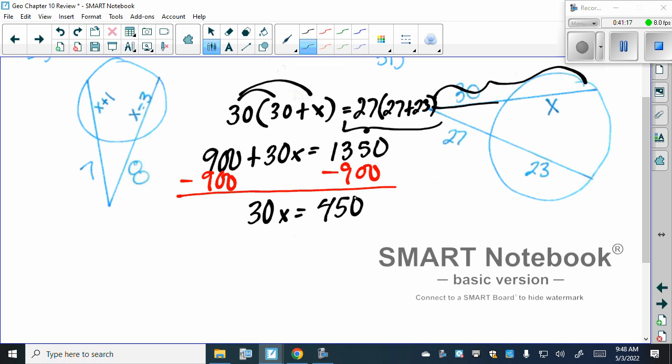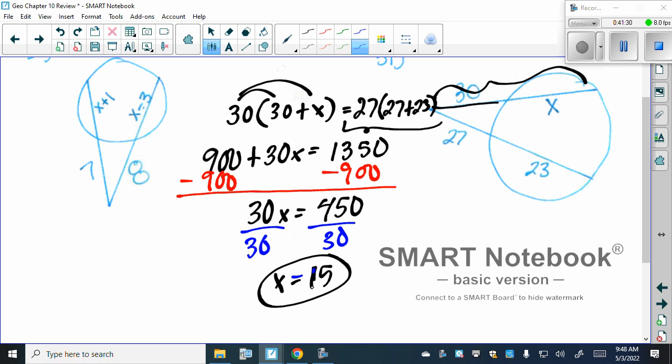Yes? And then we would divide and get 15. And that's it. Even on the one before, it's still exterior times the whole. So 7 times x plus 1 plus 7. Any questions on this here?